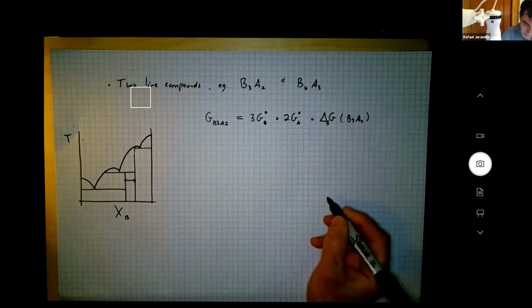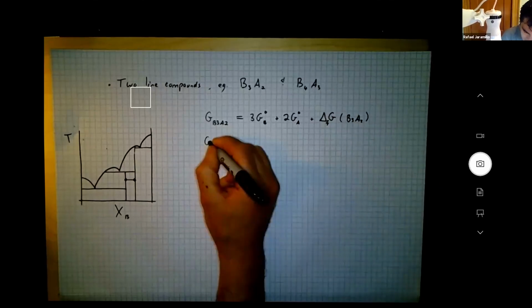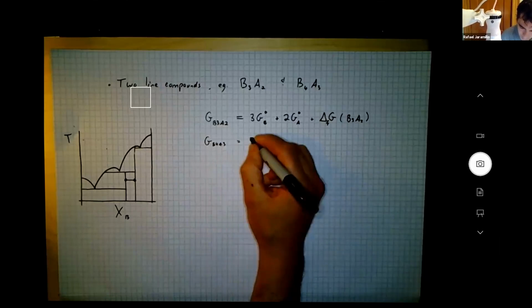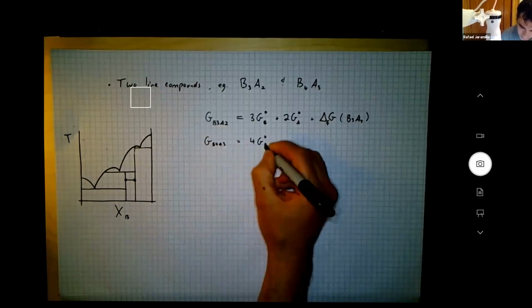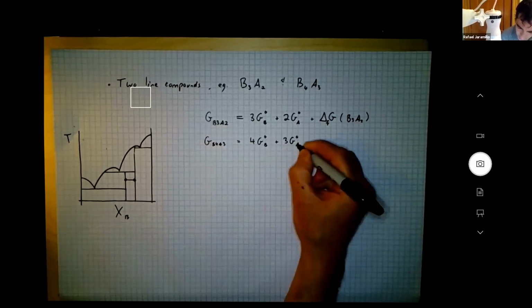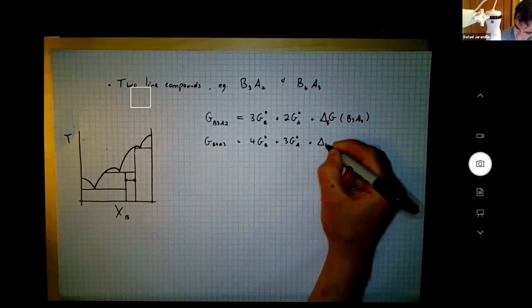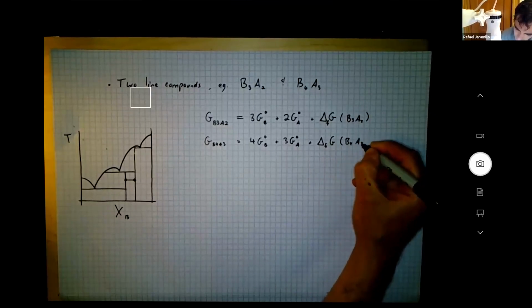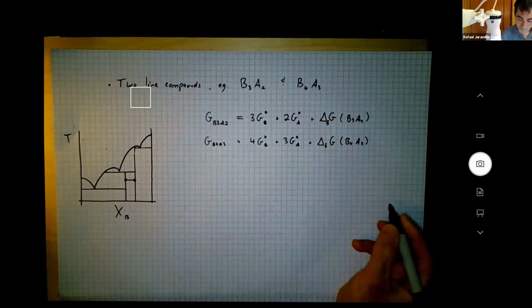The Gibbs free energy of B4A3 is 4 times that of pure B plus 3 times that of pure A, plus the free energy of formation of B4A3. Okay.